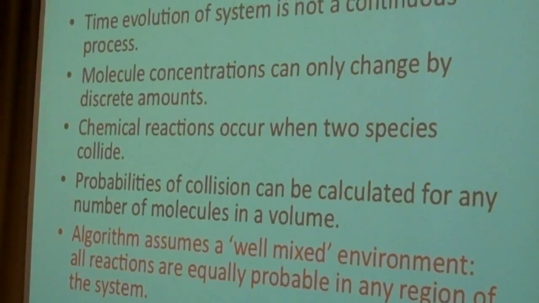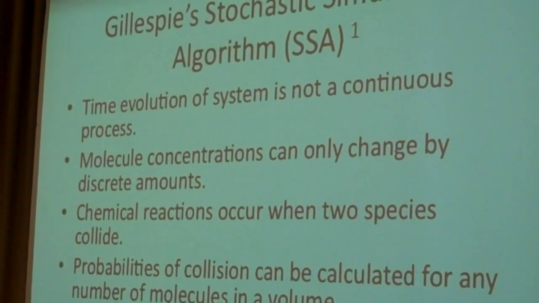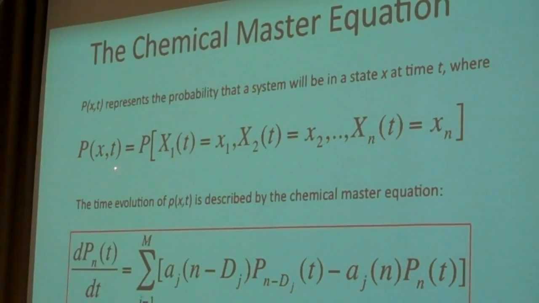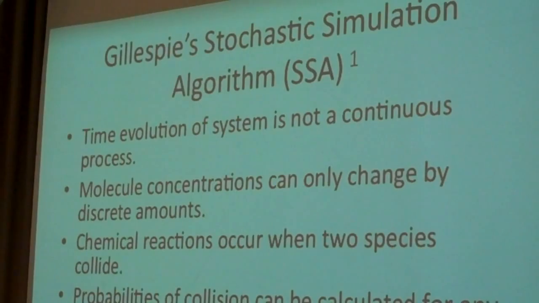As a result, we use instead something called a stochastic simulation algorithm, which was developed by Gillespie in 1977. What this algorithm essentially does is sample the probability space which the chemical master equation would describe analytically. So what the stochastic simulation essentially says is the time evolution of a system is not a continuous process, as would be suggested by an ODE.